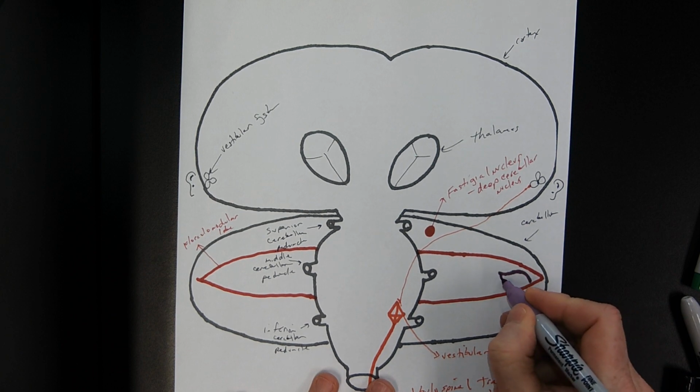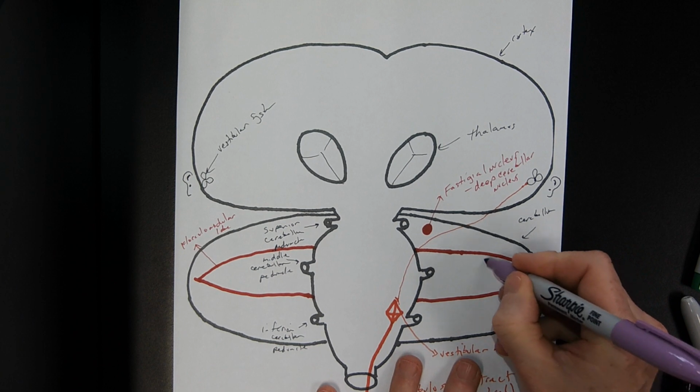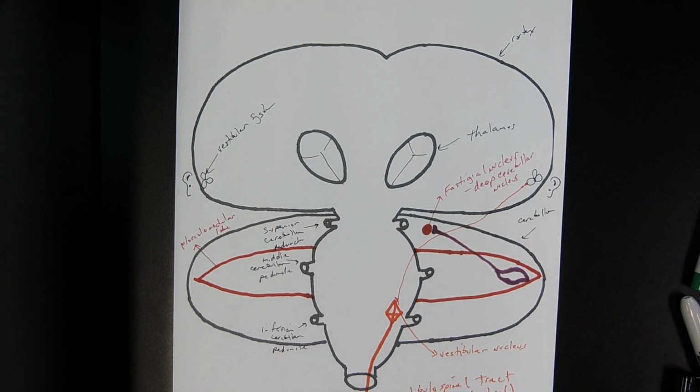So here's my Purkinje cell. Purkinje cells in here, and like I said, it's just hooked up with its own deep cerebellar nucleus. So flocculonodular lobe hooked up with the fastigial nucleus. All those Purkinje cells in that flocculonodular lobe are hooked right up already with the fastigial nucleus.